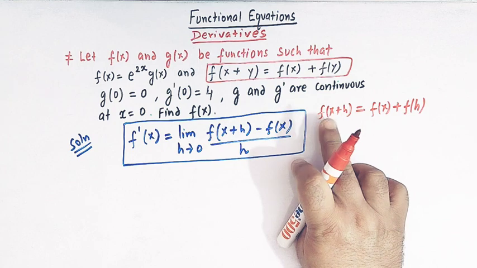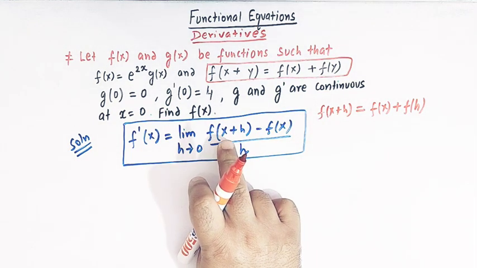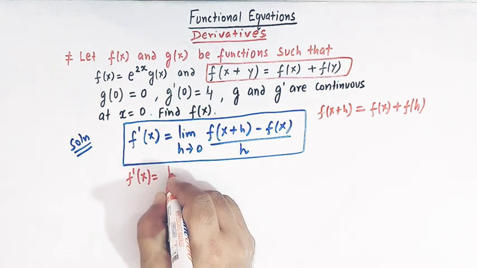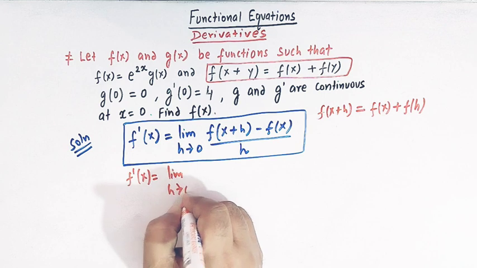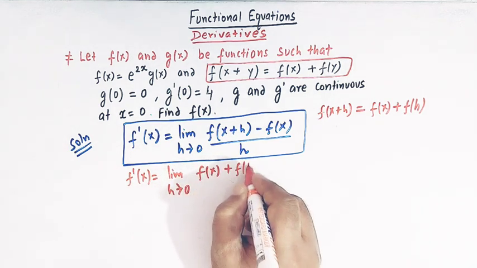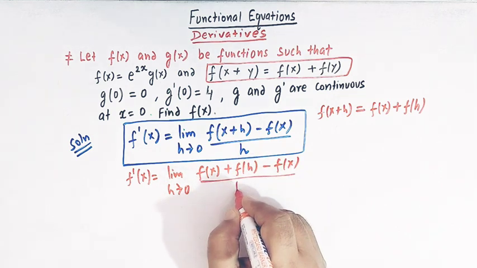So let us substitute the value of f of x plus h in this limit. So we have f prime of x is equal to limit h tends to 0, f of x plus f of h minus f of x divided by h.